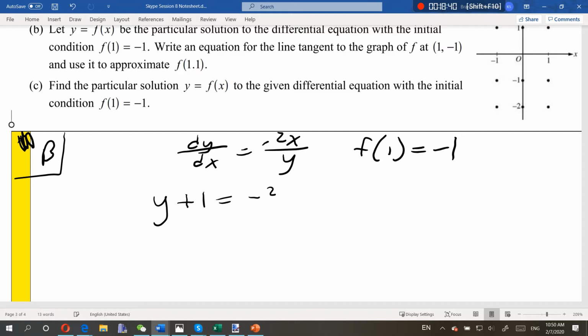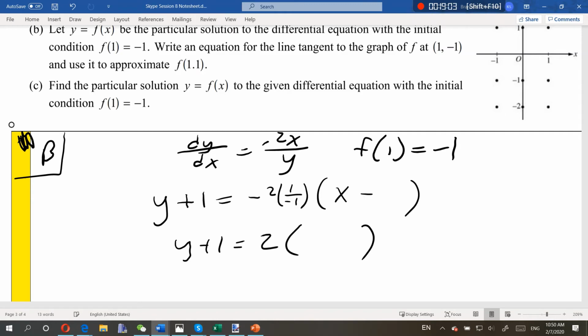Okay, what is x, what is y? x is 1 and y is negative 1. Okay, so it's just 2. And then what goes here? x minus 1. Okay, so there's our equation of the tangent line.